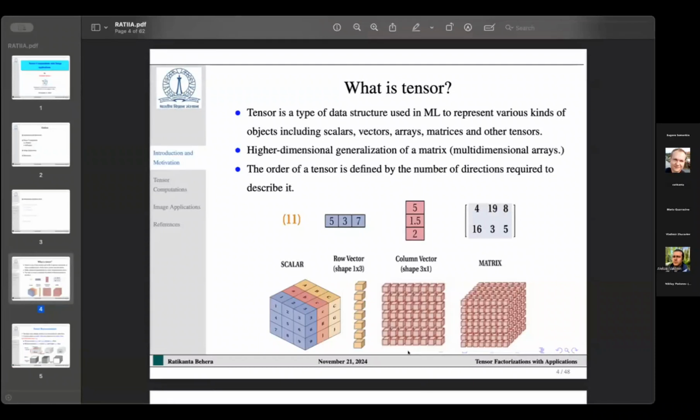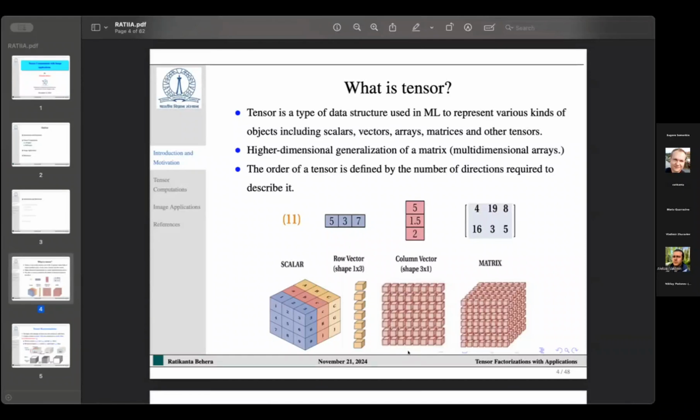So here, if you think about matrices and vectors, there are some directions. Those directions represent the order of the tensor. The formal definition says that the order of a tensor is defined by the number of directions required to describe it. For example, a scalar is a quantity that has no directions.